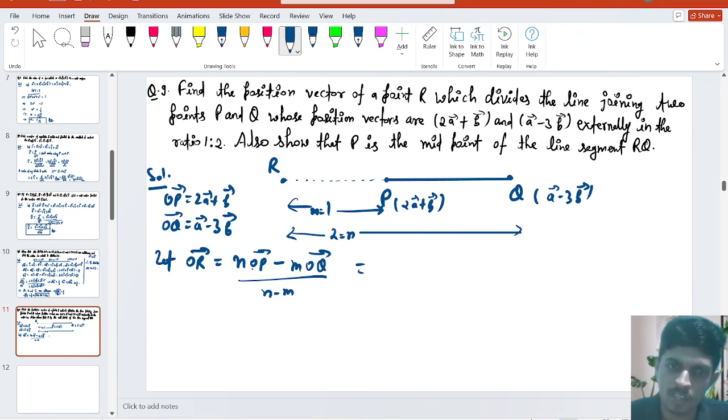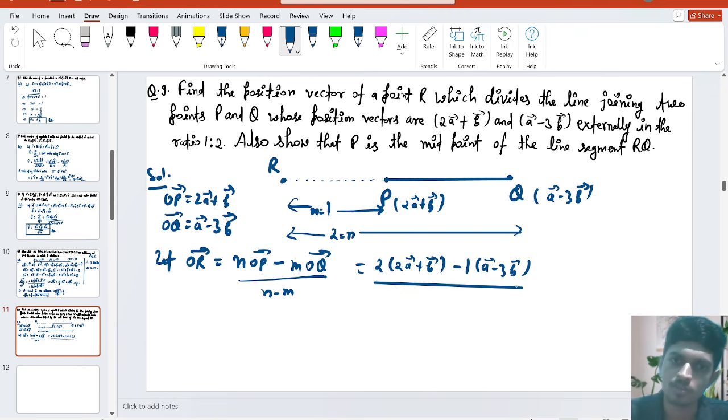Simplify it. What do you get? n vector OP, 2 times the vector A plus vector B, minus m vector OQ, 1 times vector A minus 3 vector B, upon 2 minus 1.